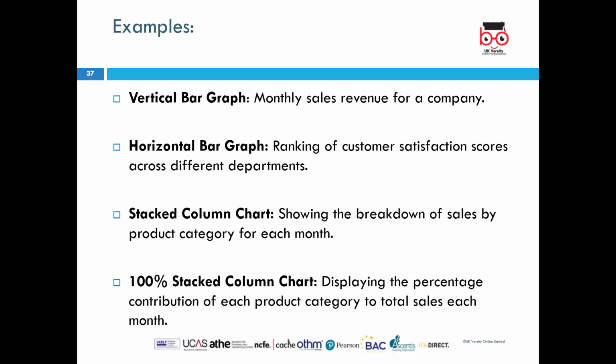Stacked column chart will now show the breakdown of sales by product categories for each month. And with a 100% stacked column chart, we're now going to display the percentage contribution of each product category to total sales each month.